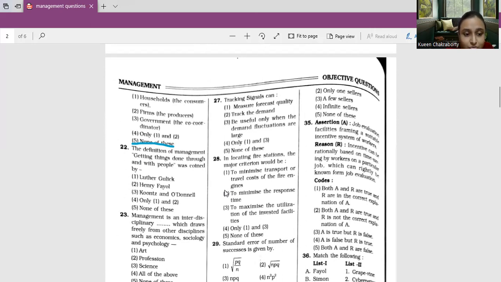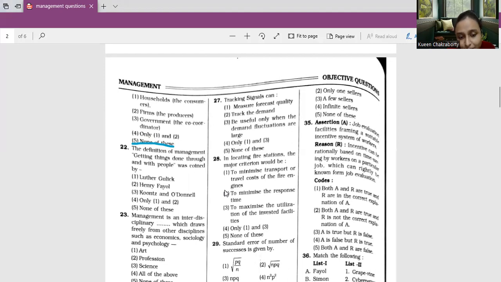They define management as the process of getting things done, and O'Donnell defines it as the process of things being done by the people and through the people. So he has also said getting things done through and with the people. And Henry Fayol also described this: to manage is to forecast, to plan, to organize, to command, and to coordinate.